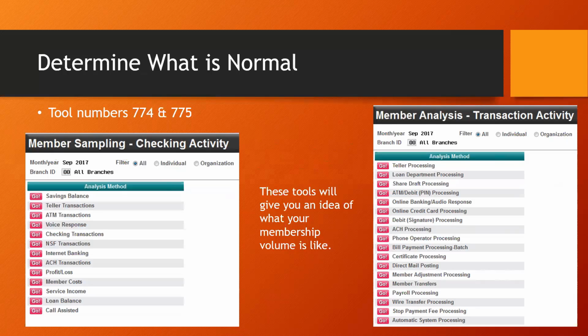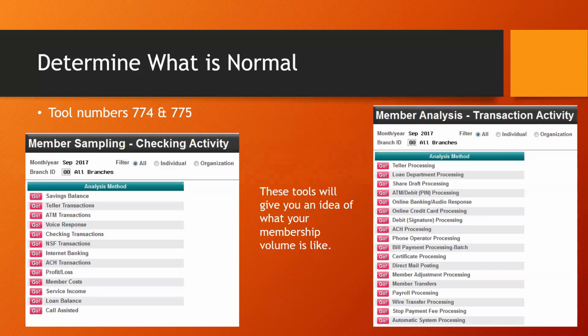When you click on any one of these, what you would see is a high to low by member on which member had the most ATM transactions, the most ACH, those types of things. And that's really your first clue on what is normal. Every member doesn't have 500 ACH transactions. That's not where I would start as saying normal. But as you scan through those screens, maybe get halfway through and say, yeah, this is about where normal would be.